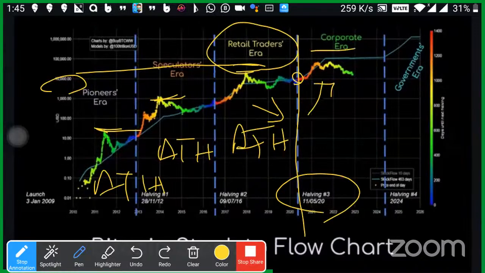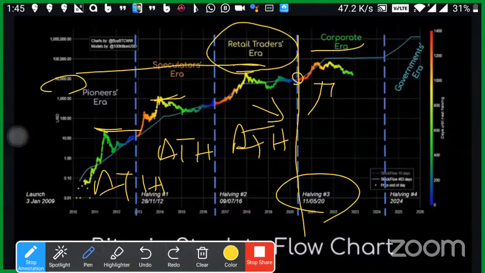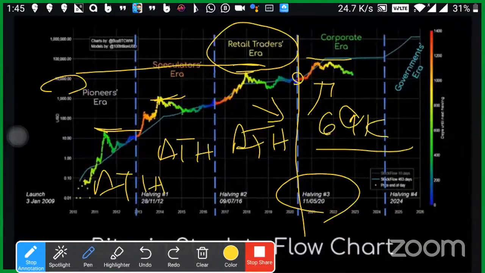And it touched a new all-time high that was around 69,000 per Bitcoin. We all know that the highest price Bitcoin has touched so far is 69,000. But after that, we saw a recession. We saw a bearish market.